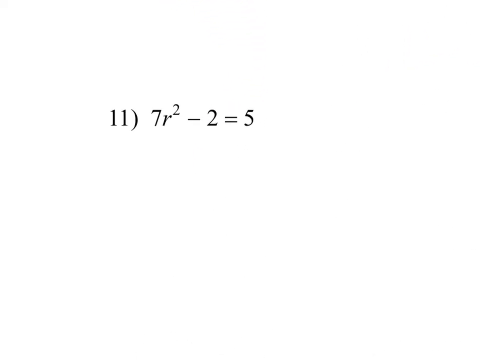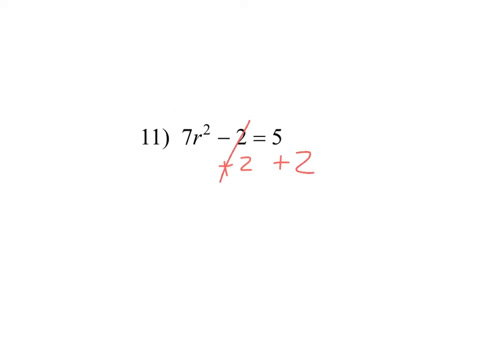So you add 2. 7r squared equals 7. And then you divide. So it's going to be r squared equals 1.